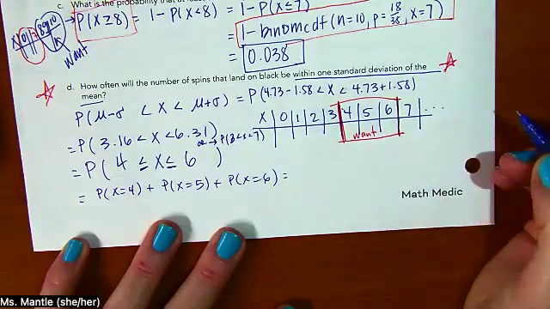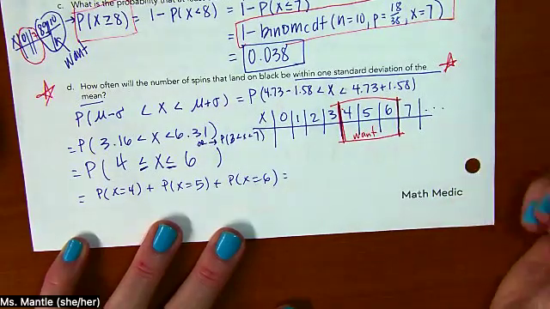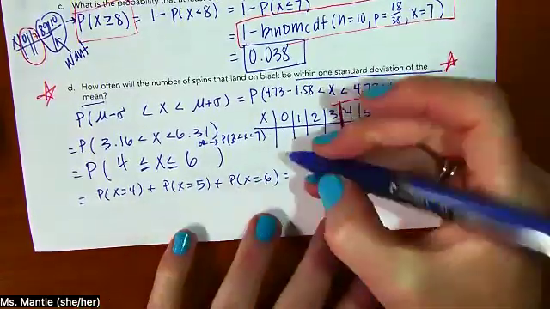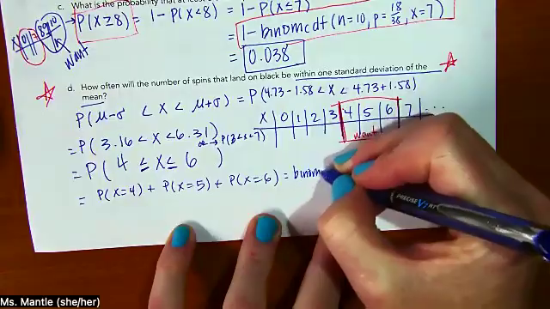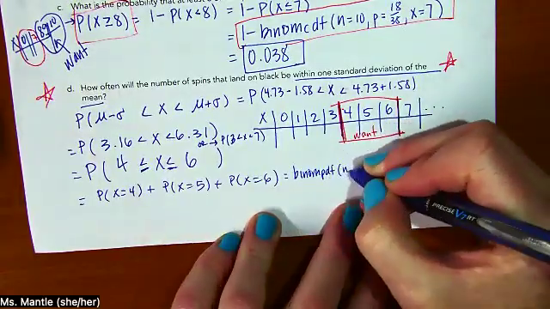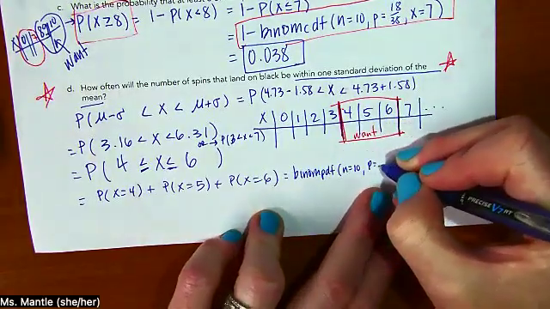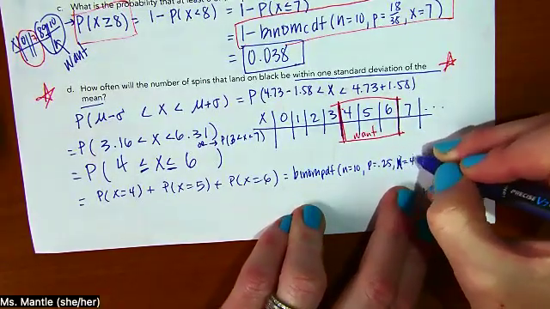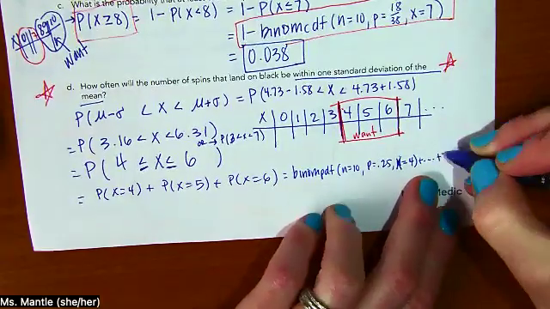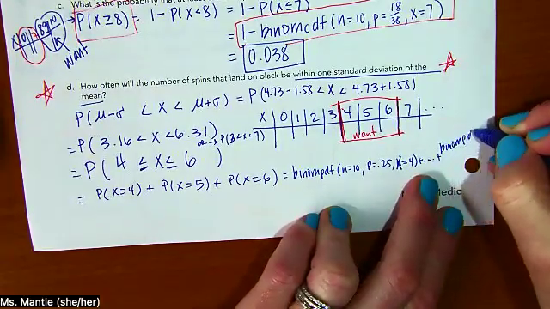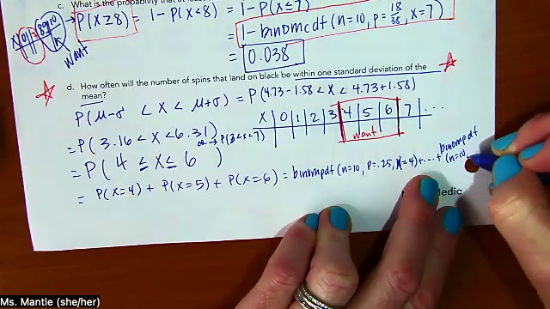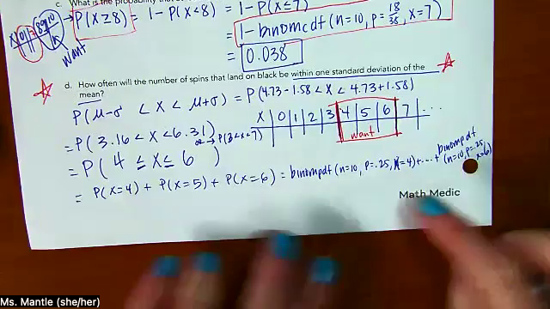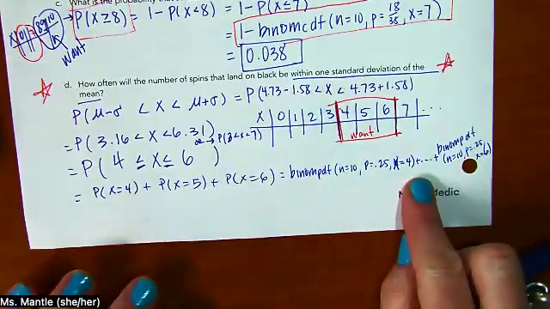Or, let's think about this for a minute. So you can do it this way, and there's nothing wrong with this, right? This would be a binomial PDF. We'd have n equals 10, p equals 0.25, x equals 4, plus dot, dot, dot, plus binomial PDF, n equals 10, p equals 0.25, x equals 6, and add those 3 values together.